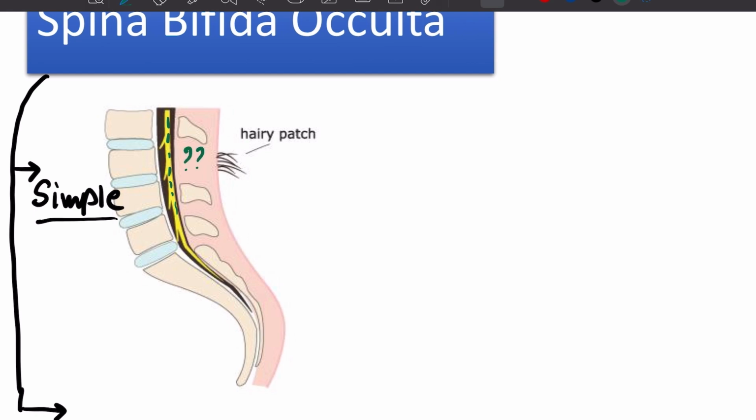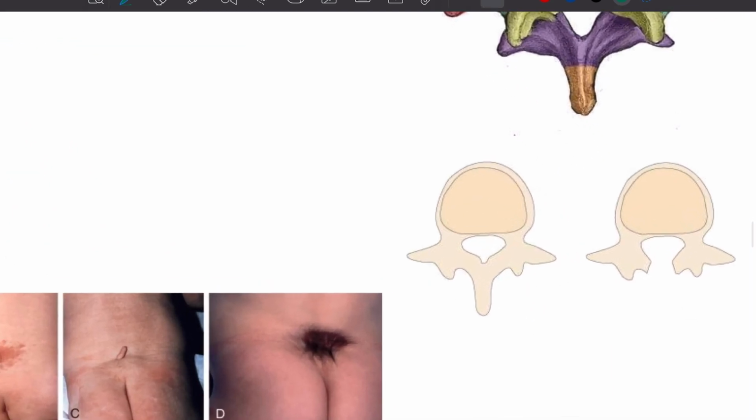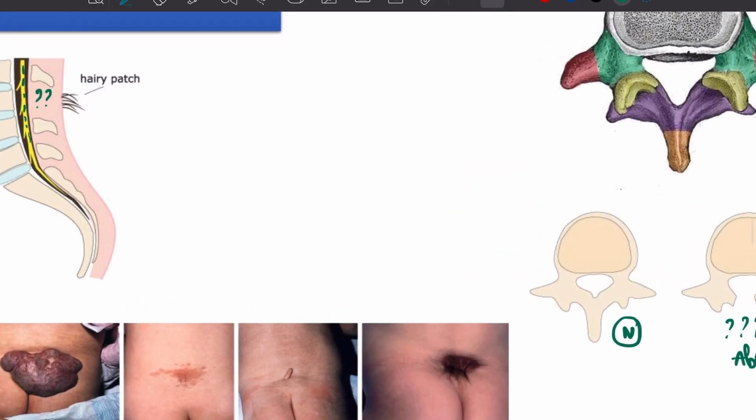That is the only issue, which is covered by muscles, subcutaneous tissue, subcutaneous fat, and skin. But inside, the spinal cord is absolutely normal. So the main defect you can see is that the posterior arch is not formed. This is normal, but this is abnormal. This is the reason for spina bifida occulta.